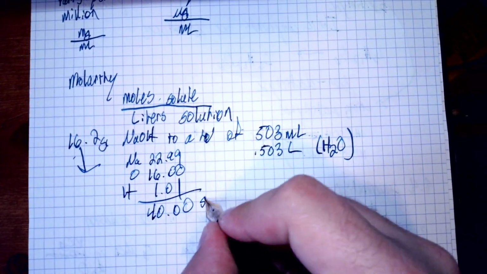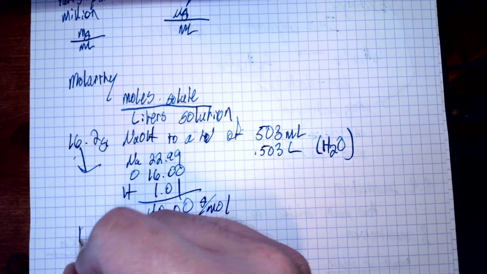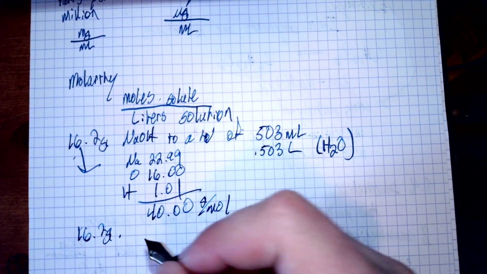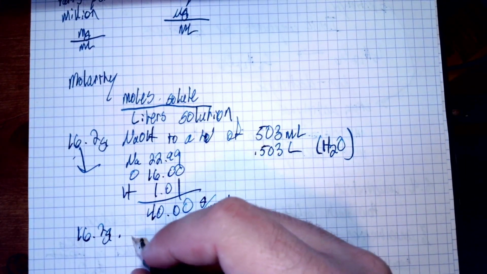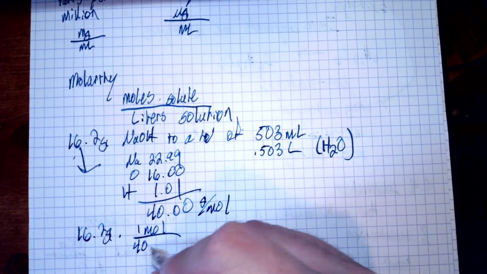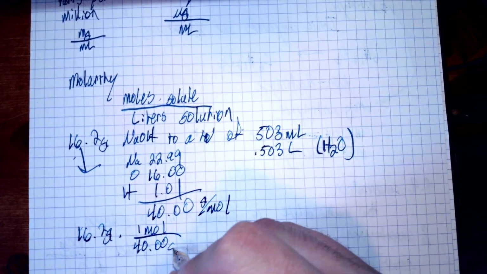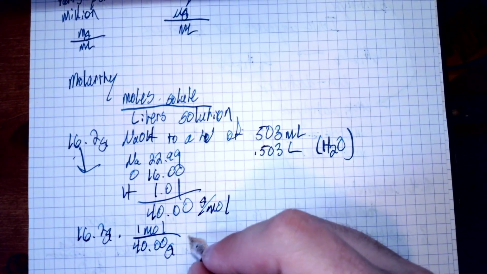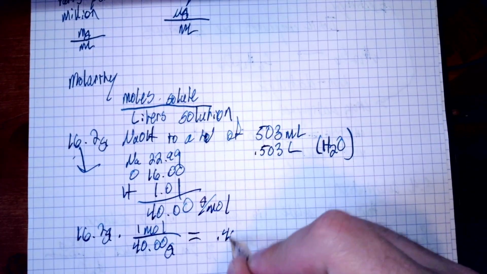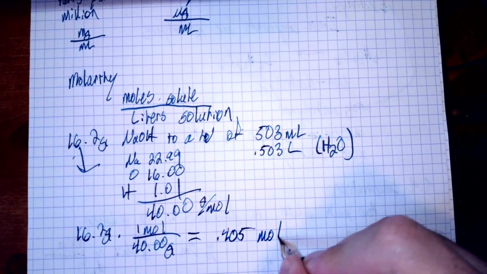Now, that's grams per mole, so if I take 16.2 grams, I'm going to multiply it by 1 mole over 40.00 grams, and that is going to be 0.405 moles.